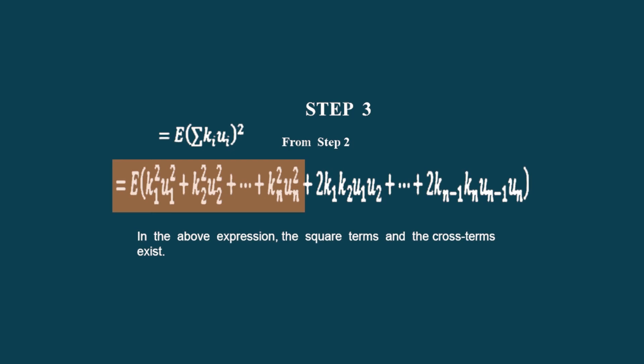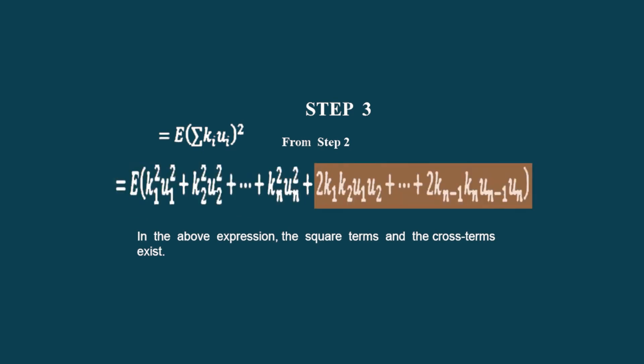So these are the own terms which are considered in this expression. After these own terms, we get the cross terms, which means 2 k1 k2 u1 u2, and it continues to the last term, which relates to un minus 1 and un.